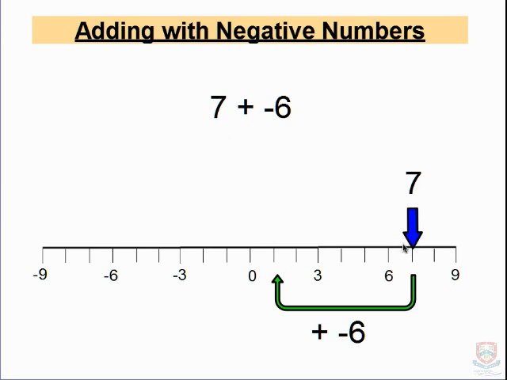Start with 7, 1, 2, 3, 4, 5, 6 to the left, which gives us an answer of 1. So another way we can actually write this is to say that 7 take away 6 equals 1. We can ignore the add sign because the subtraction is more important in this case.